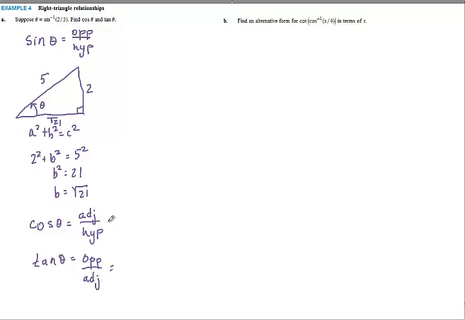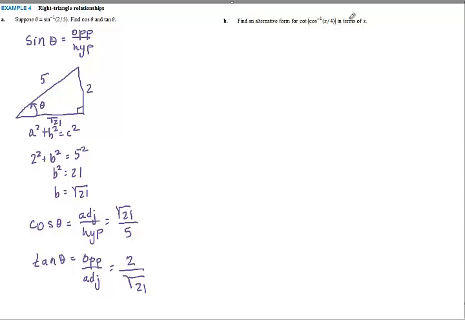So let me just plop those down. Adjacent to this theta is square root of 21, hypotenuse 5. Opposite is 2, adjacent is square root 21. I'm going to play it again.